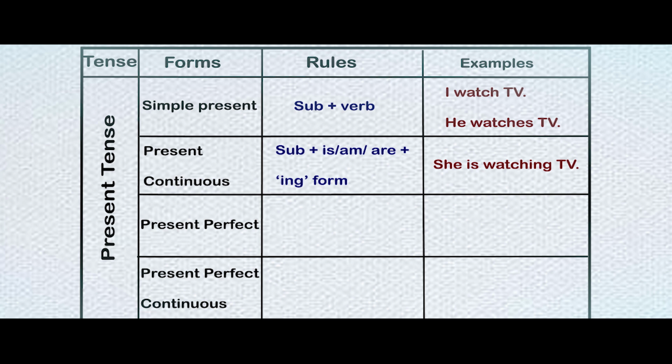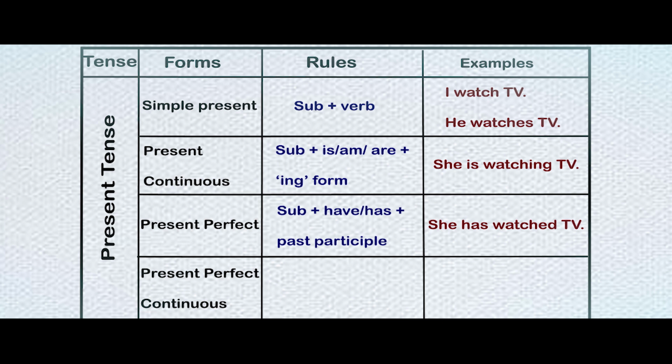Present perfect, the third form of present tense: subject plus have or has plus past participle form of the verb. And you can look at the example. She has watched TV. The subject here is she plus has plus we have used the past participle form of the verb, that is watched.